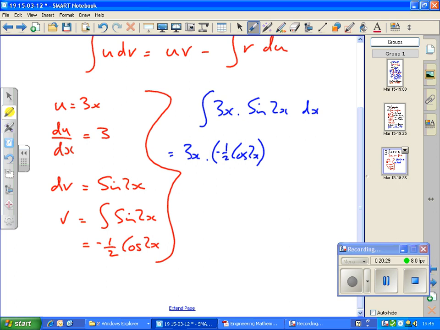So put that in a bracket because it's negative, minus the integral of v, which is minus a half cos 2x, times du, which is 3. So hopefully you got that. Now we've just got to do it.